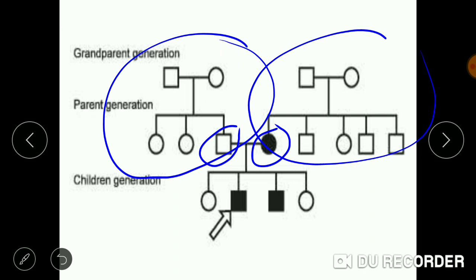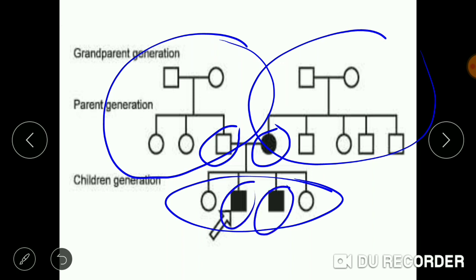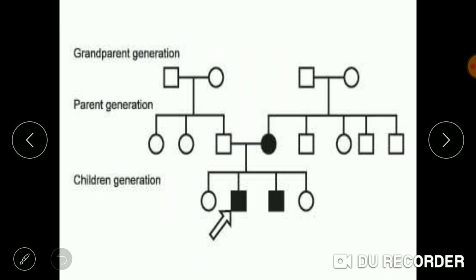and they are having 4 children, out of which 2 of the male children are diseased while 2 of the female children are non-affected. So if we have to find out the offspring of the first generation, how many offspring are there in the first generation in the 2 families?